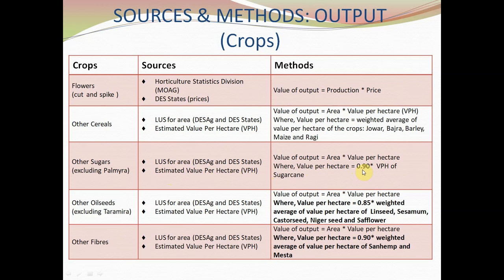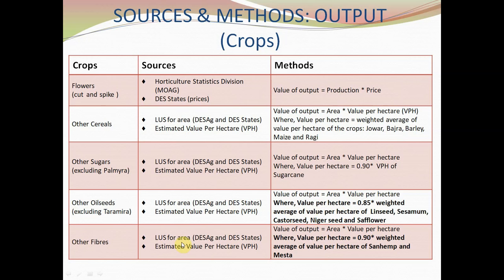Value per hectare here in this case is taken as 90% of value per hectare of sugarcane. In case of other oilseeds, taramira is excluded and LUS source is same for area. Estimated value per hectare is taken into consideration, where value per hectare is calculated as 85% of weighted average of value per hectare of linseed, sesamum, castor seed, niger seed and safflower. For these 5 crops, we are taking weighted average value per hectare, and of that value 85% will be value per hectare for other oilseeds.